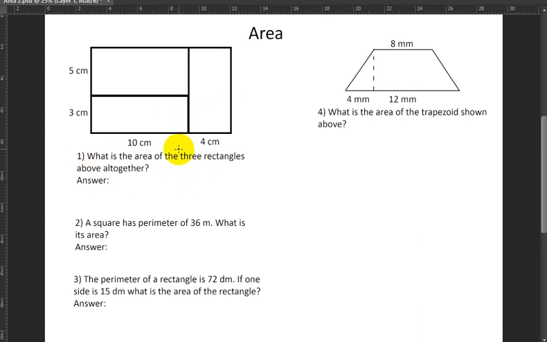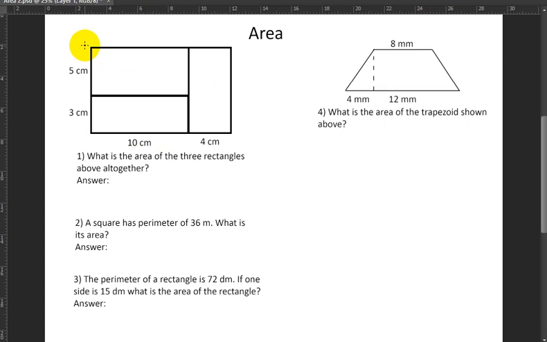The very quick and easy way is to realize that, oh, this is one huge rectangle, and if I put these sides together, I know how big this side is. And if I put these two together, I know how big this side is. And I can find its area simply by multiplying this side by this side. And that's how we're going to solve it, instead of finding each separate rectangle altogether.